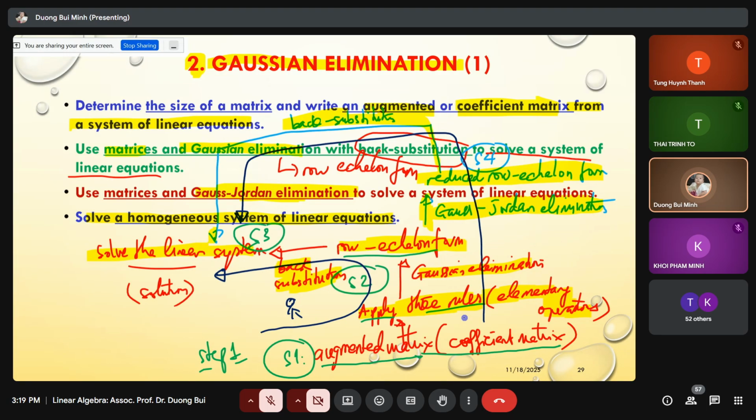Or if I ask you to apply Gauss-Jordan elimination, you need to follow this way. If I don't say anything, it's up to you. You can apply this way or this way.